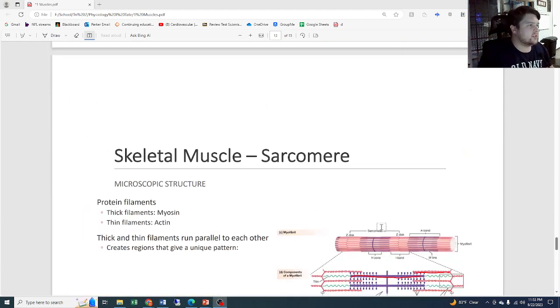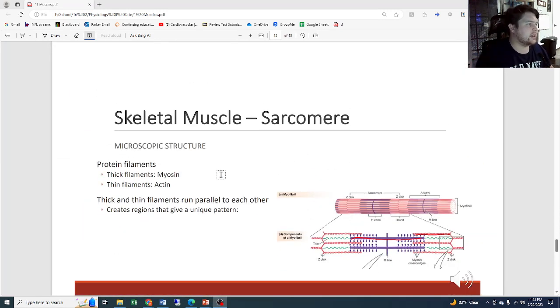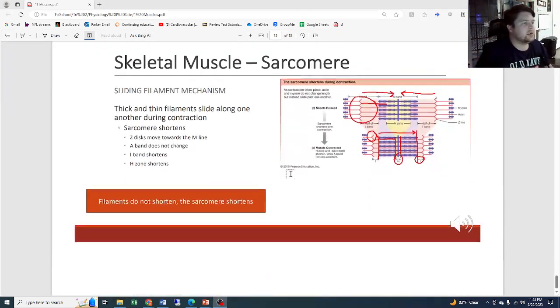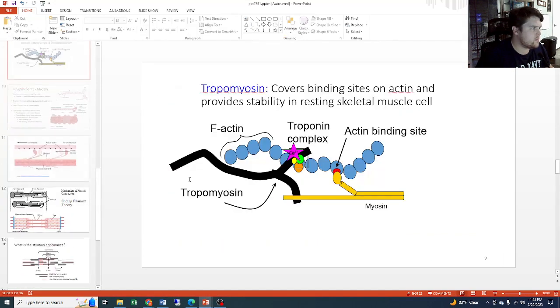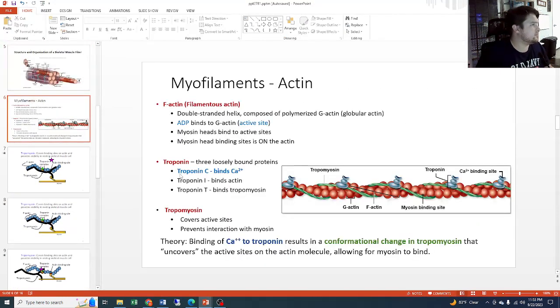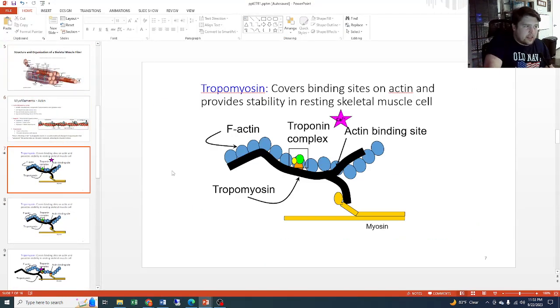The way that all of this happens, the way that we get contraction of the sarcomere, is something that we call the sliding filament mechanism, or the sliding filament theory. Okay? So, that tropomyosin is covering all of the actin binding sites.